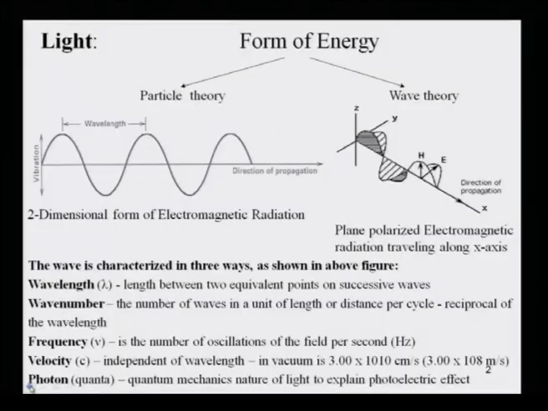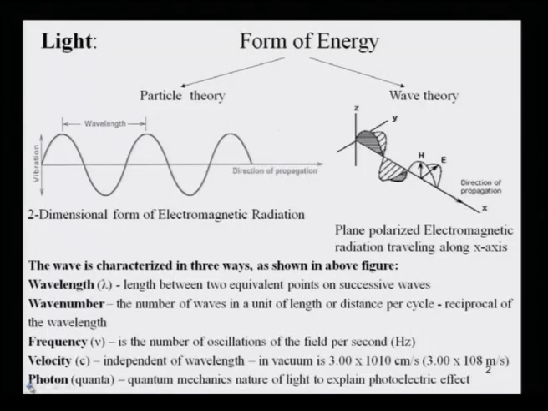The wave is characterized in three ways as shown in the above figure. It can be described as a wavelength, that is the distance between two humps, or as wave number, that is the number of waves in unit length, the reciprocal of wavelength.